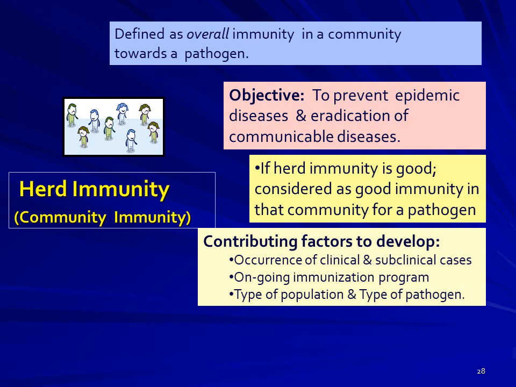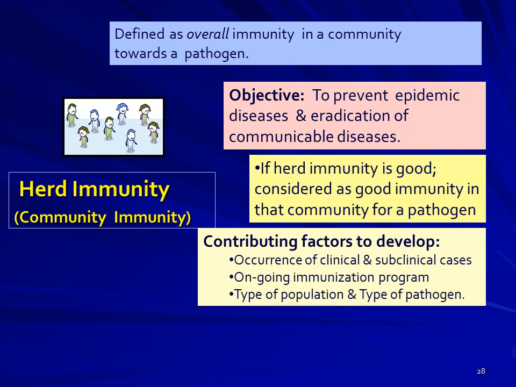The contributing factors are the occurrence of clinical or subclinical disease, the ongoing immunization program, and the type of population and type of pathogen. If subclinical cases are more in the community, then we can have a lot of herd immunity.